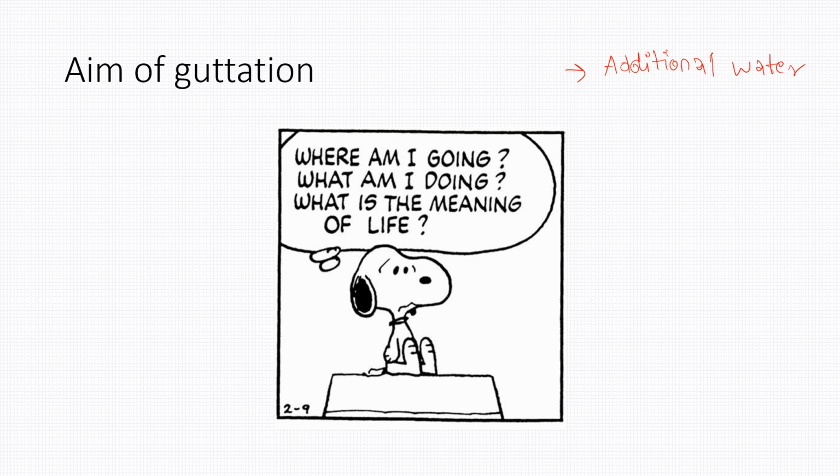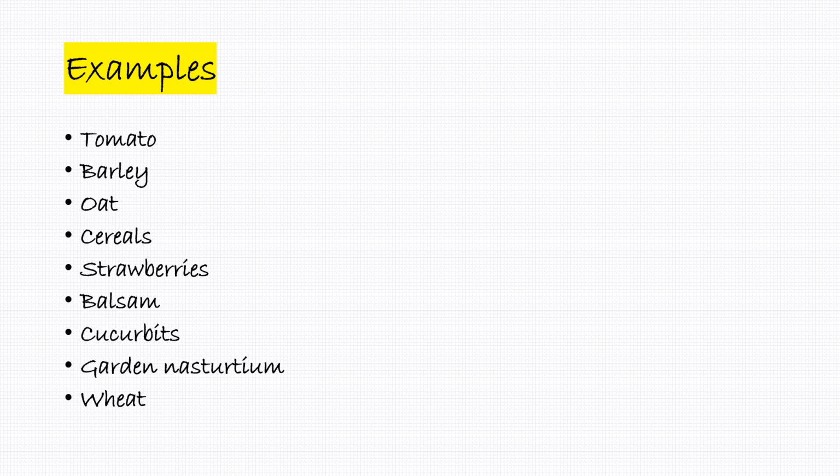During the day, water may escape a plant via the open stomata through a process known as transpiration. At night, the stomata become closed to save water and energy, even though excess water may still need to escape. The process of guttation offers a method for water to escape via the hydathodes, or small openings in the leaves of a plant. So this is the aim of guttation. I hope this is clear to you, everyone.